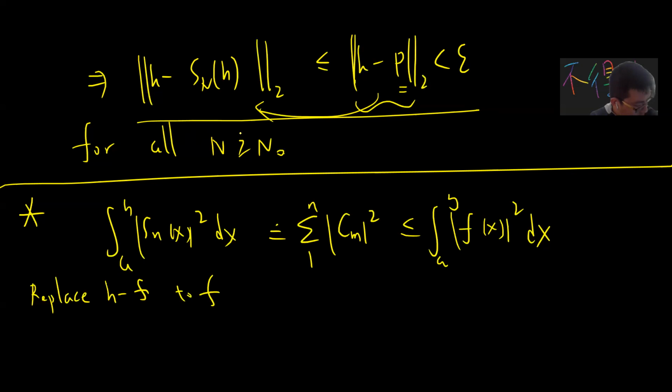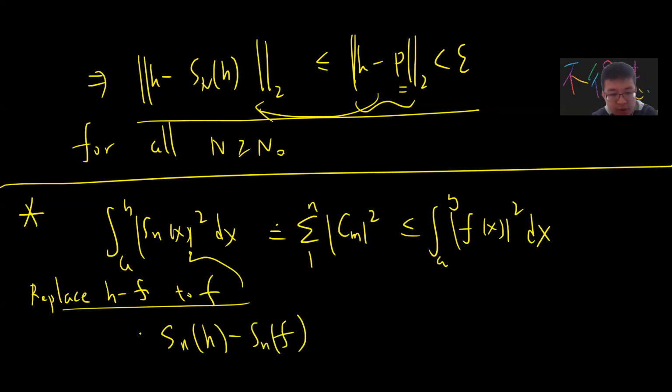Okay, so from this I put in here, I get the norm of Sn of h minus Sn of f.